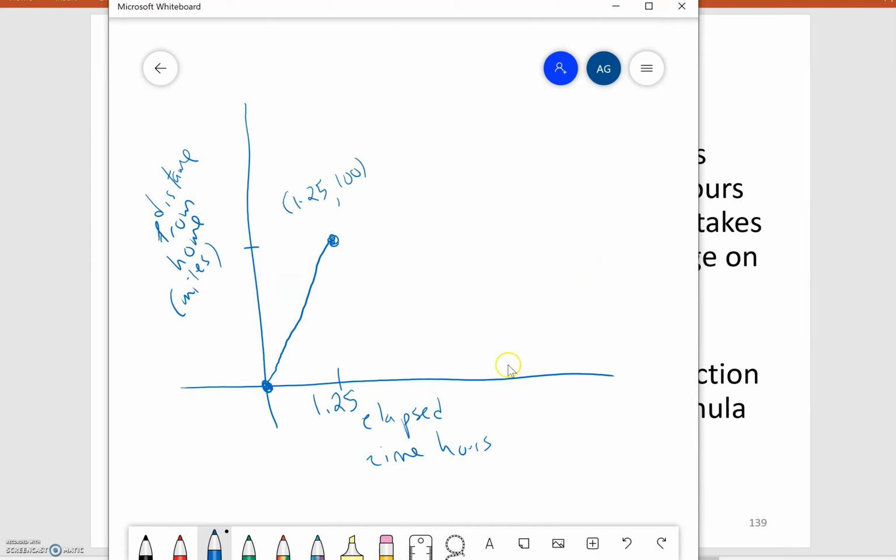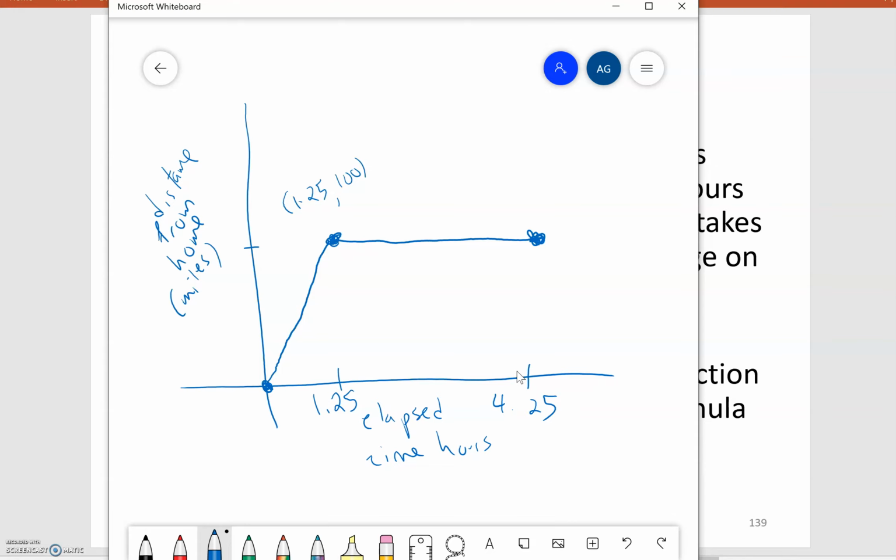Then I sit there in the movies for 3 hours. So for those 3 hours, what happens? Well, nothing. I don't change my distance. So that would take me to 4.25 hours where I don't move at all. And a horizontal line is what I need, because a horizontal line means that my distance does not change.